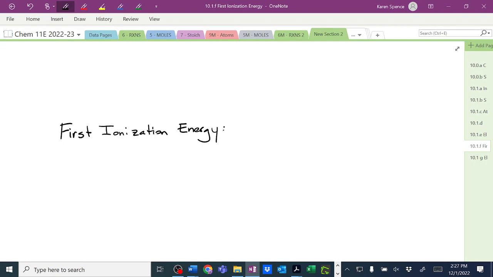Second ionization energy will be the energy needed to remove the second electron after the first one's already gone. And then the third one will be the third one once the first two are already gone.